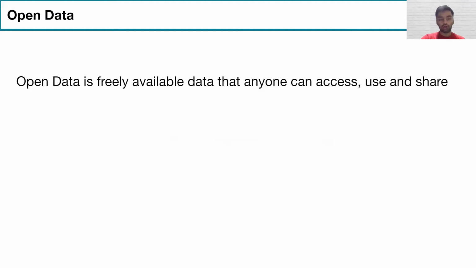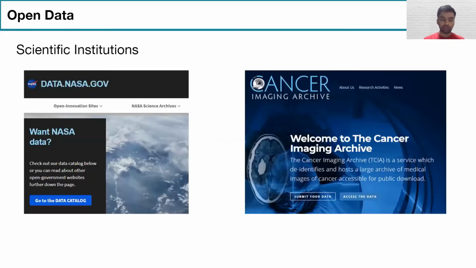Now, open data can come from a lot of sources. One of them is scientific institutions, and they release open data in order to encourage people to use that data and try and develop their own AI solutions using that data. So, for example, here you can see this is the open data portal for NASA, and it provides a lot of interesting space data.